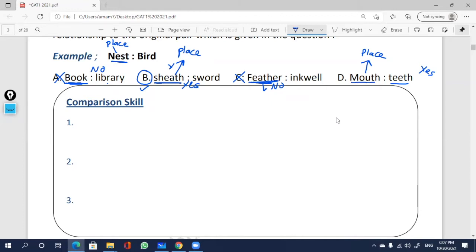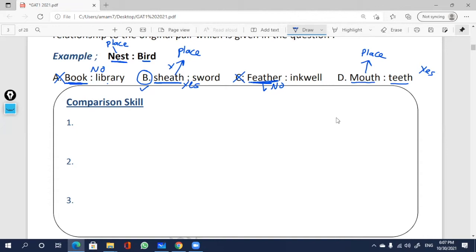Okay. What else? I was going to say that since a bird can leave its nest, a sword can also leave its sheath, or it cannot. Excellent, excellent. So here we have nest, bird. A bird can leave its nest. Also here we can take the sword out of the sheath.